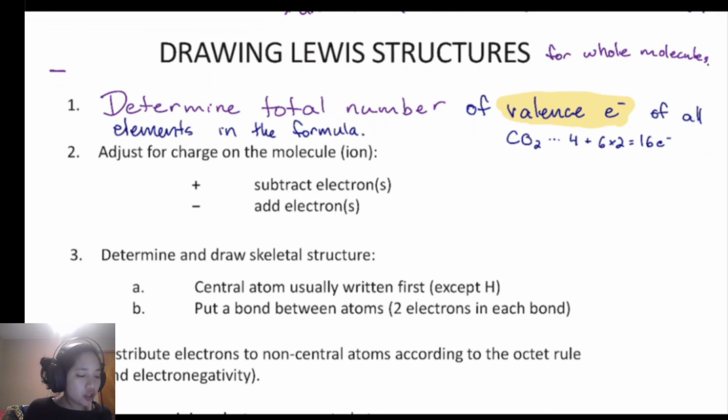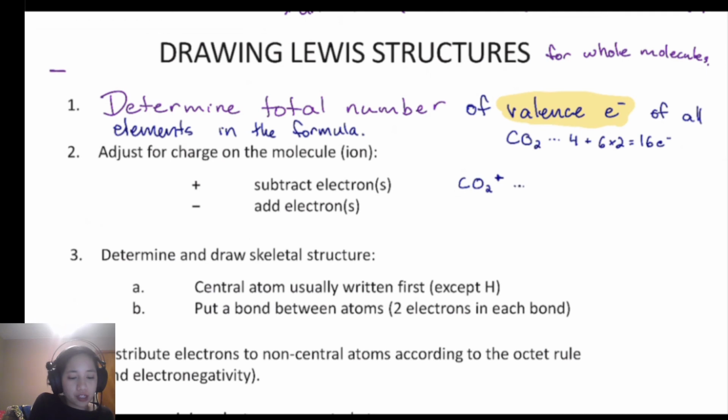So adjust for charge on the molecule or ion. CO2 is a neutral molecule, so I don't have to do anything to my electron count. But let's say I give a hypothetical compound. Let's say I was talking about CO2 minus, or let's do plus first. CO2 plus. If there's a positive charge on the molecule, after you count up all the valence electrons, you want to subtract an electron.